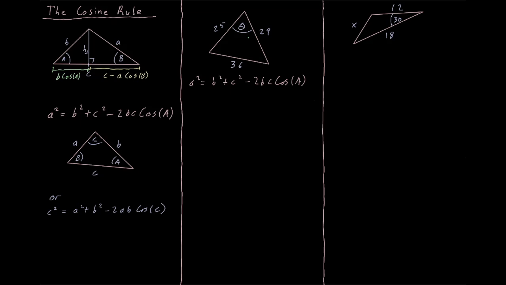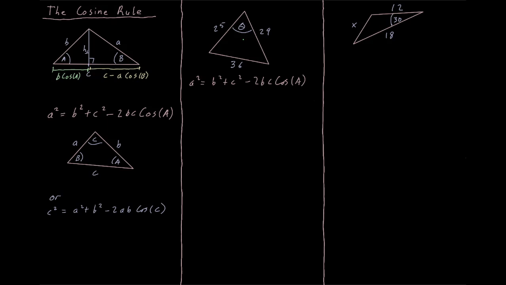It works for all types of triangles. Now, where we would particularly want to use this is if we know all three sides of the triangle and we want to find an angle in it. This is the only tool that is going to allow us to do that. So we see we have something we don't know to be a right angle triangle. We say I have all three sides and I want the angle.